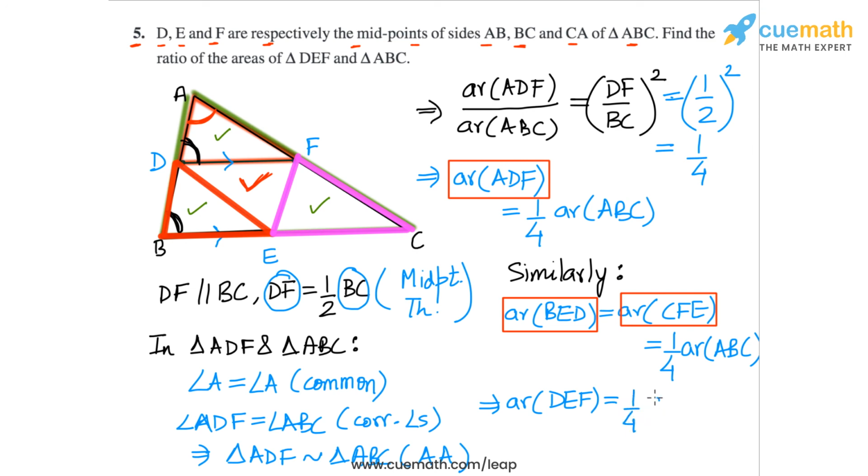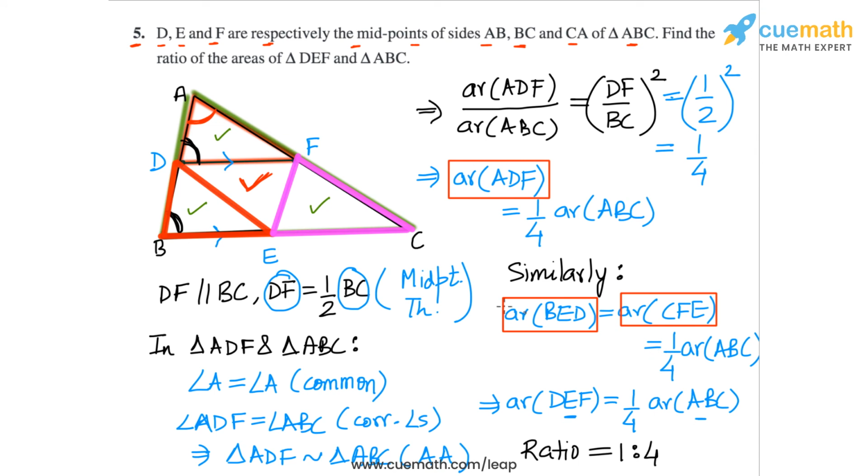So this will be 1/4 the area of ABC. So once again we find that DEF is 1/4 of ABC, or the required ratio is 1:4, which is what we obtained in the first approach also.